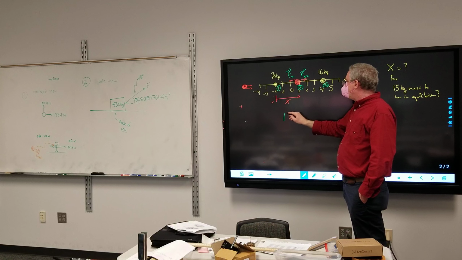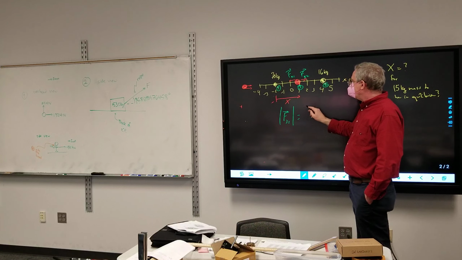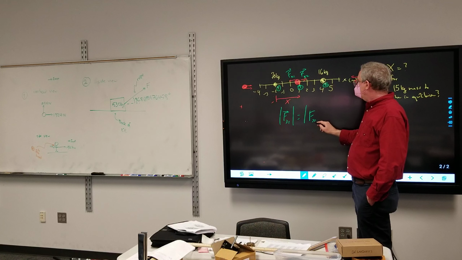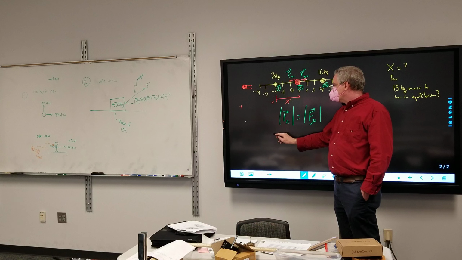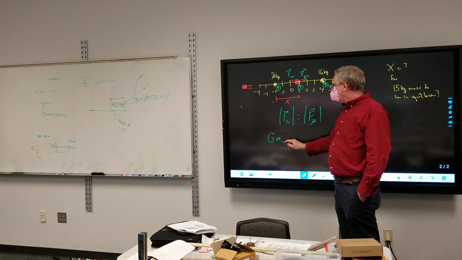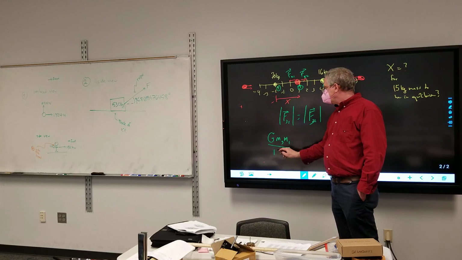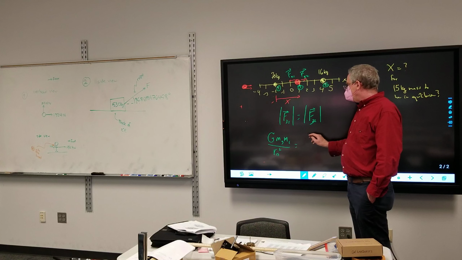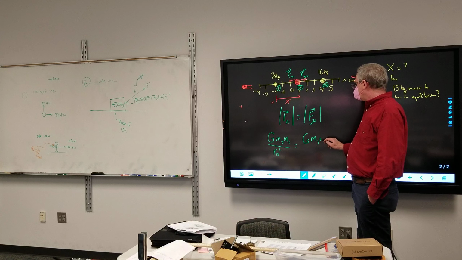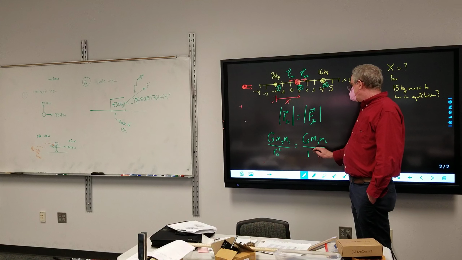So I can write it as F31, the magnitude of that, is equal to the magnitude of F32. So it's big G, mass 3, mass 1, over the distance squared, has got to be equal to G, mass 3, mass 2, over the distance between them, squared.